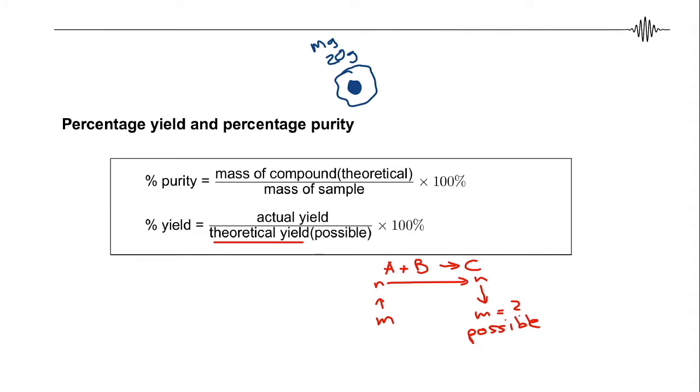Now here, the whole sample could have been pure. So the whole sample is going to be my bottom value. The possible mass was the whole sample. So remember that 20 grams, we're only going to use that down there. Don't use that in a mole calculation because there's definitely not 20 grams of magnesium there. It's going to be something less.